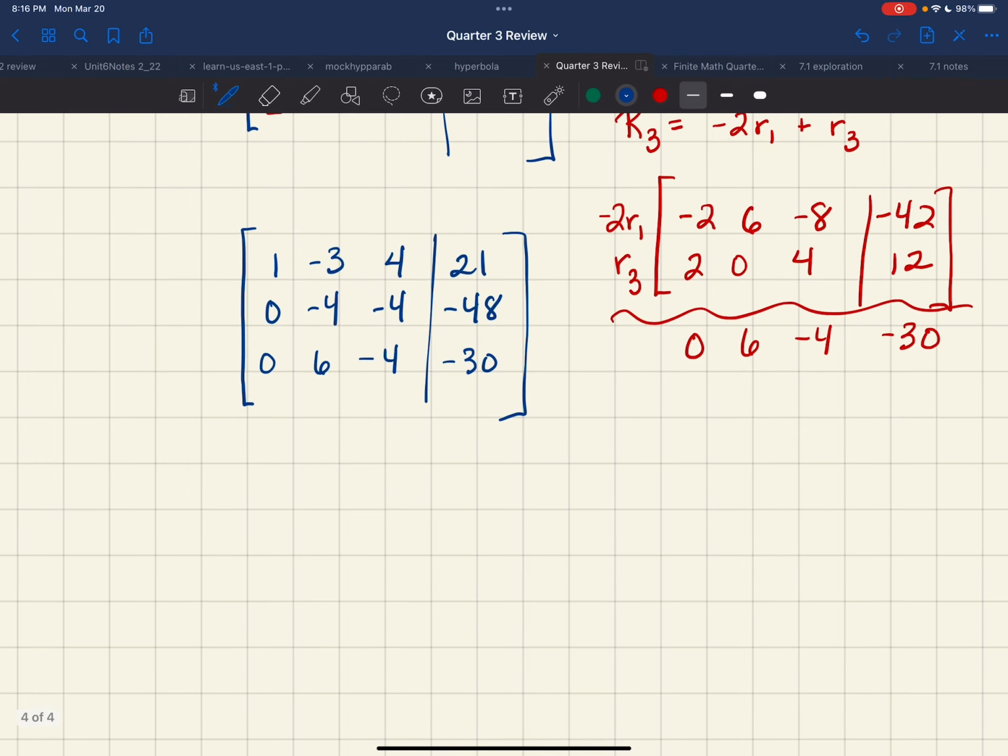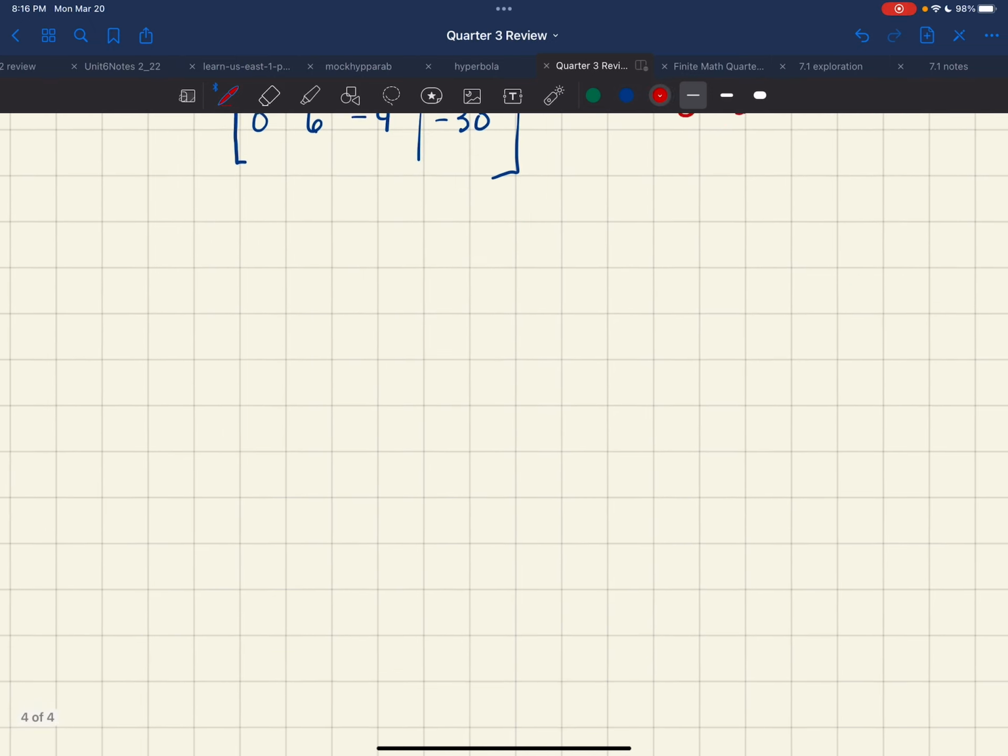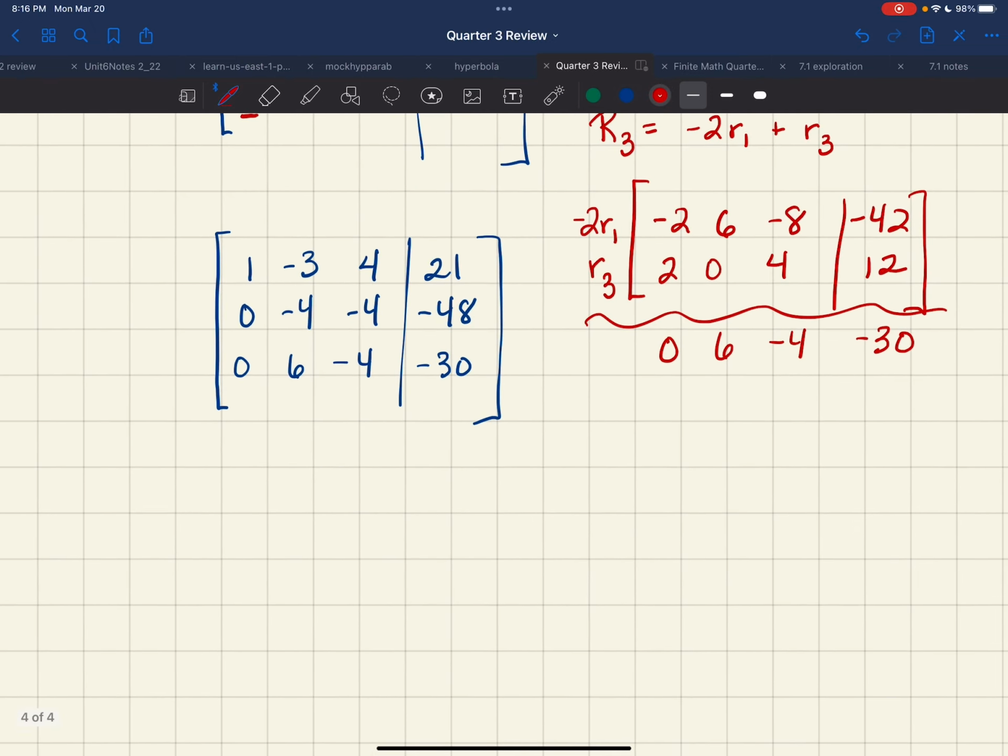Okay, last piece. I know that seems like it's taking forever. I need this one to be a 0. And so when I look at what's common, I do want to make sure I do my row operation with the second row, because both of them start with 0 and I need to keep those zeros.